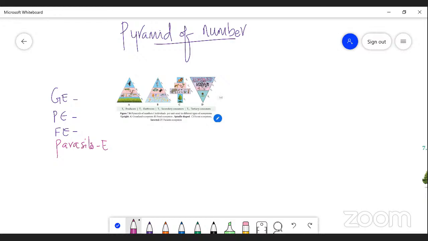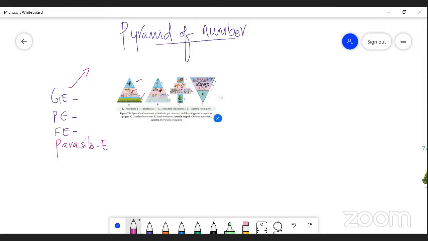So here you can see there are four different types of pyramids, designated by the different organisms occupied. First, the grassland ecosystem. T1 is always a producer, and its number of organisms is higher than that of T2. The organisms are very few in T2, and even fewer in T3, where there are lizards and snakes.